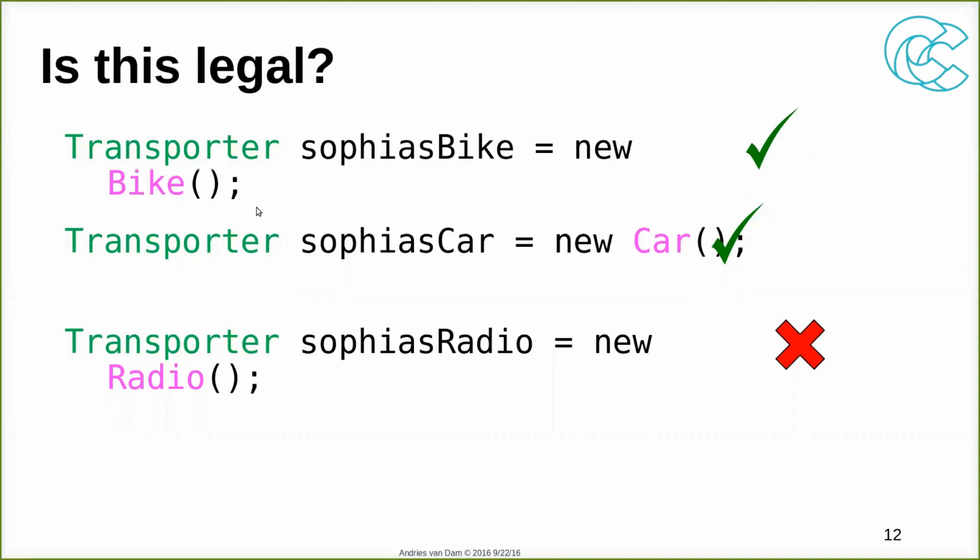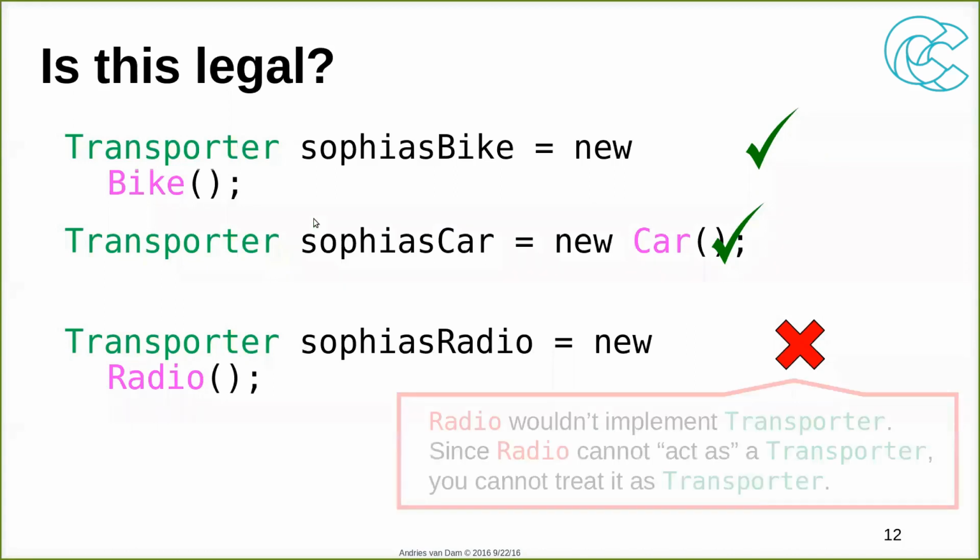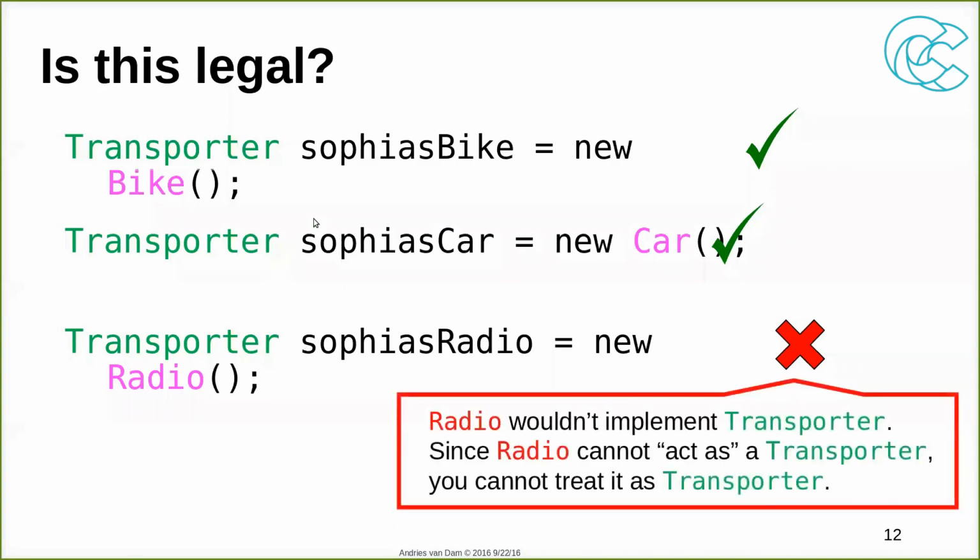So we use this term "act as" as in the previous lecture, right? So Car and Bike would act as a Transporter. So Radio cannot do that, because it hasn't implemented Transporter, so we cannot have this assignment here.